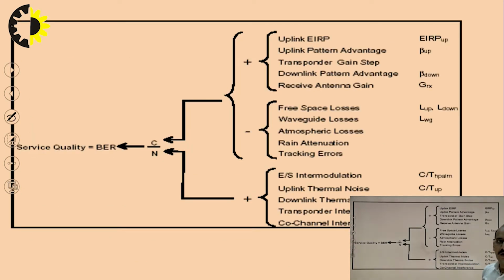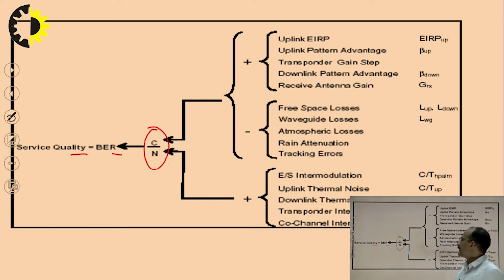When you get to the equation, that is a further process, but you have to remember all these points from this diagram. Here you can see that this is all about service quality, and service quality is related to the bit error rate, which comes from the C by N ratio.